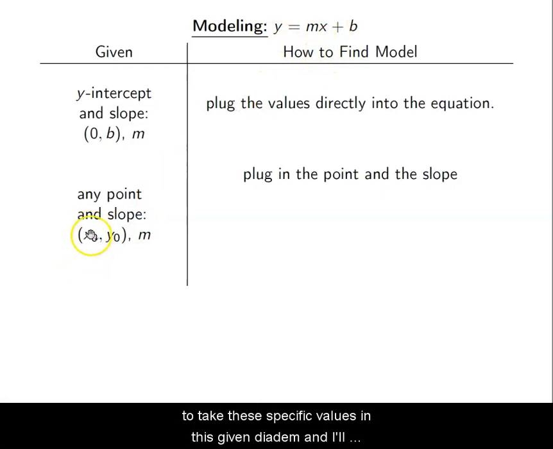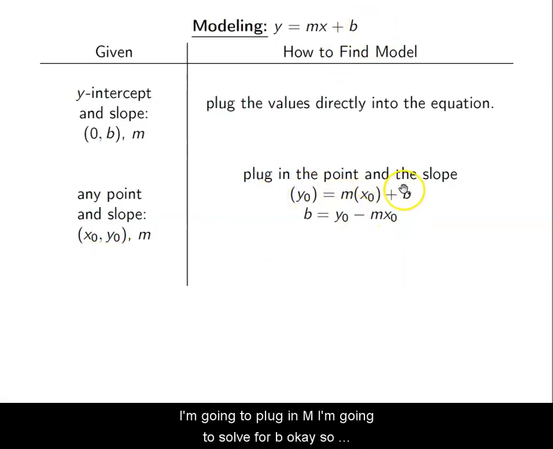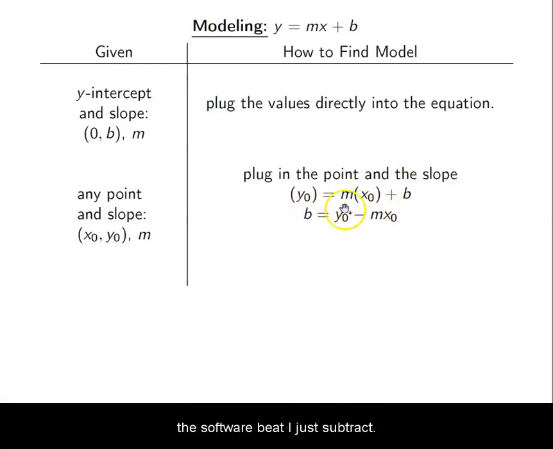So I'm going to take these specific values and this given value of m, and I'll solve for b. And once I have b, then I have everything, right? So I'm going to plug in y naught, I'm going to plug in x naught, I'm going to plug in m, I'm going to solve for b, okay? So to solve for b, I just subtract m times x naught.